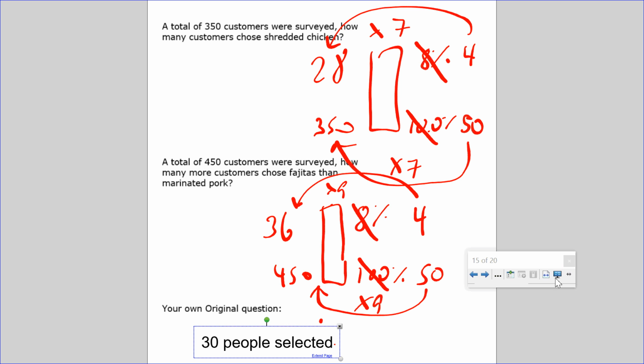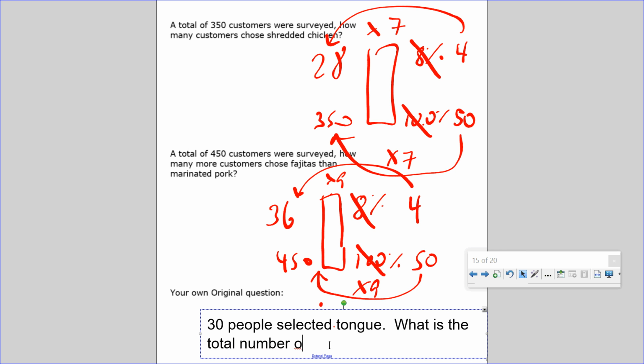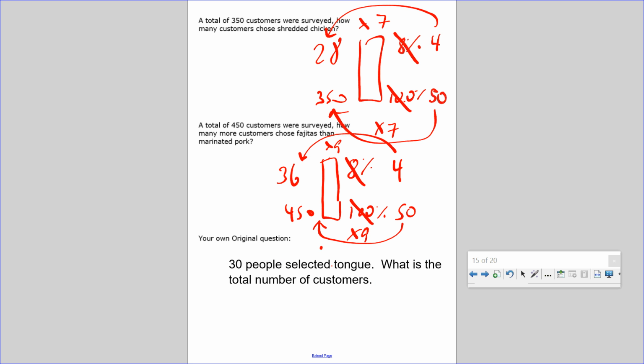Oh, that's hilarious. 30 people selected tongue. What is the total number of customers?